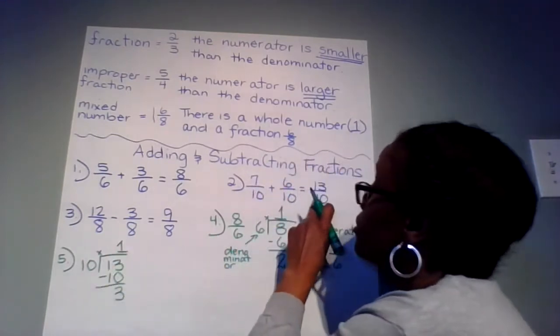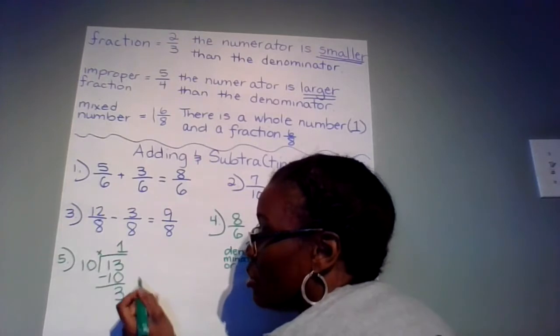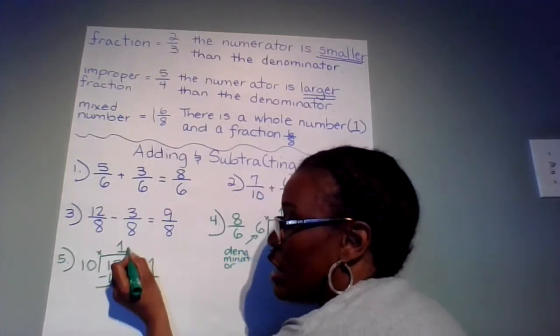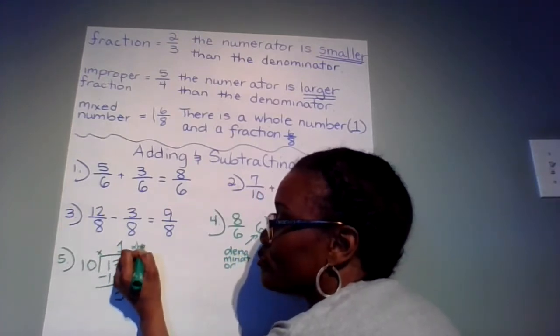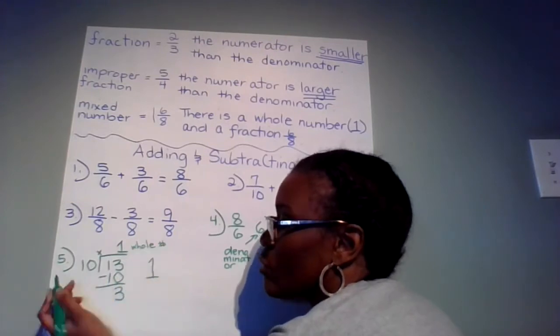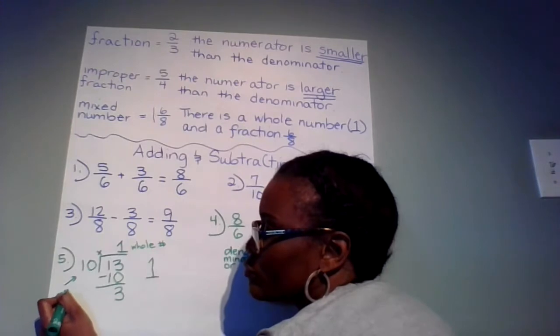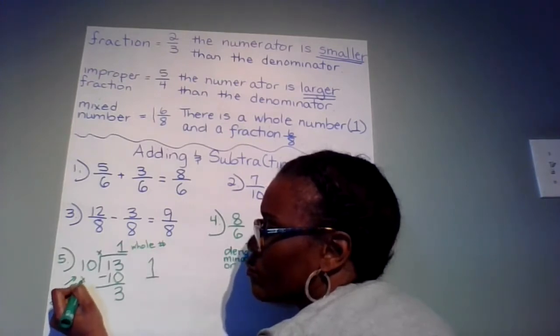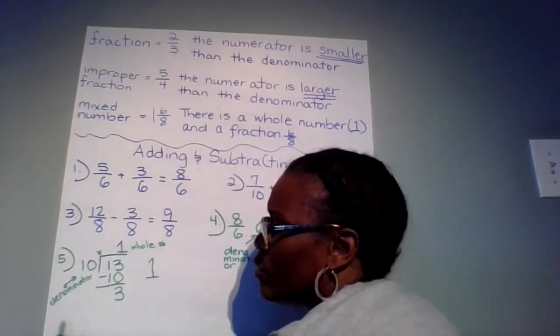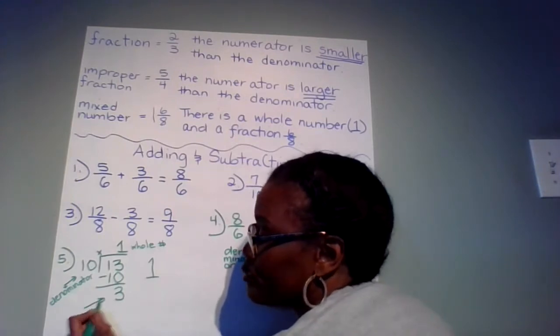So 13 tenths is going to be equal to 1. That's your whole number. Here's your denominator. And here's your numerator.